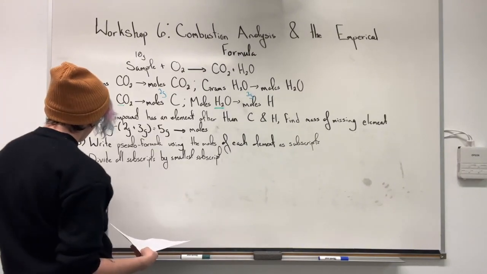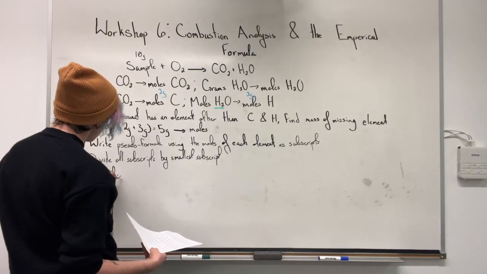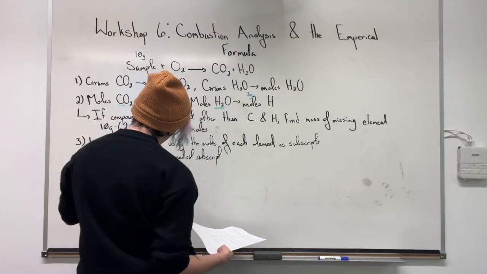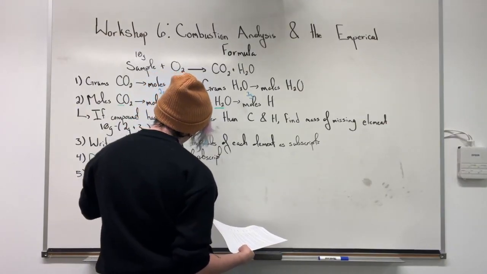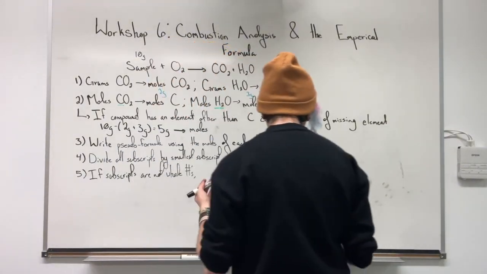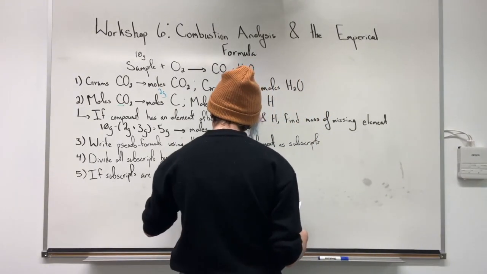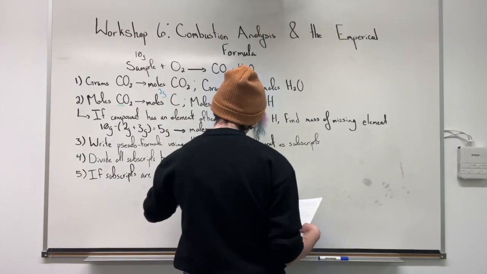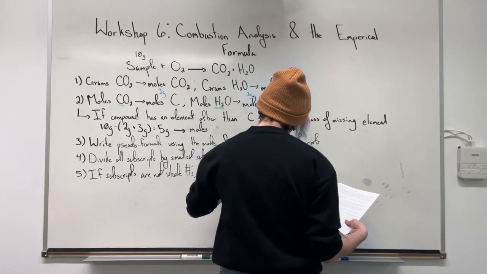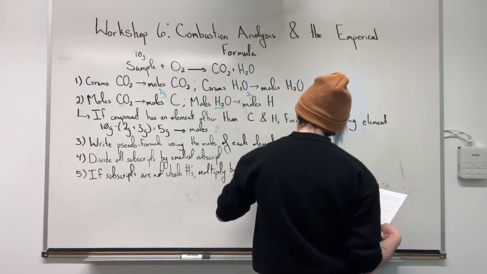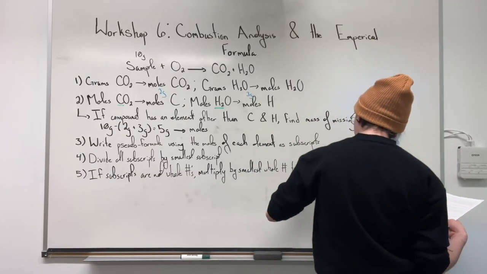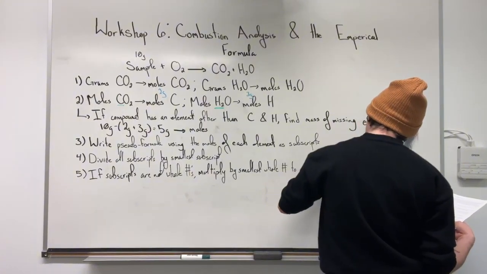Because if your subscripts are not whole numbers, we're going to multiply by the smallest whole number to get whole subscripts.